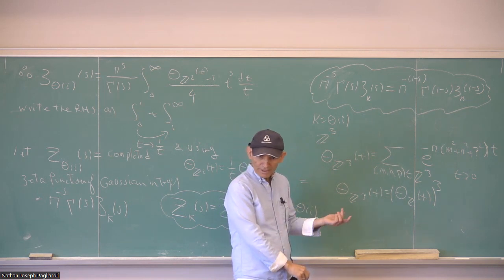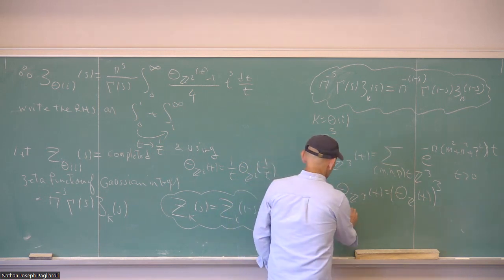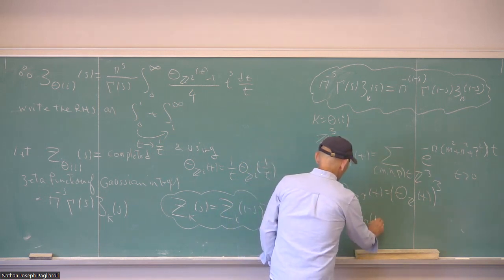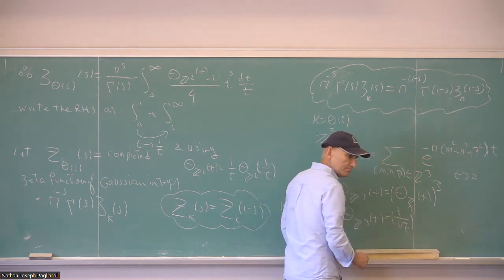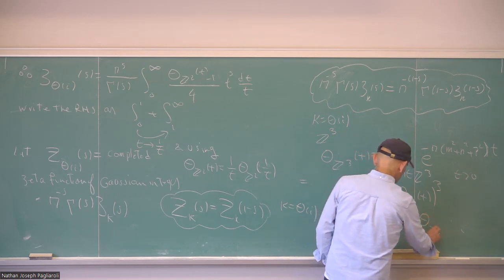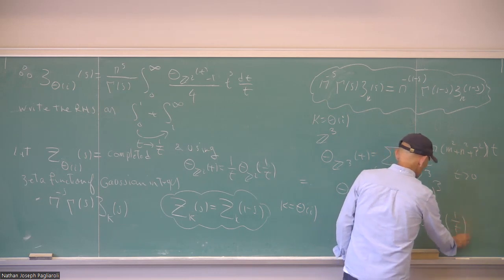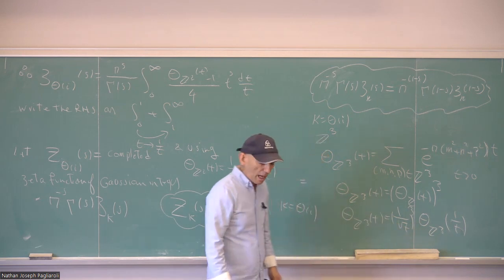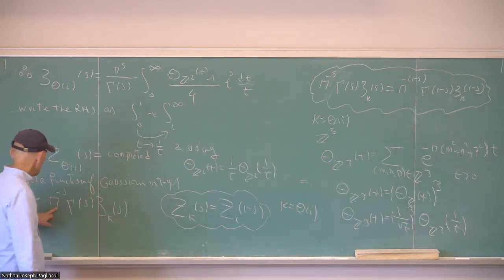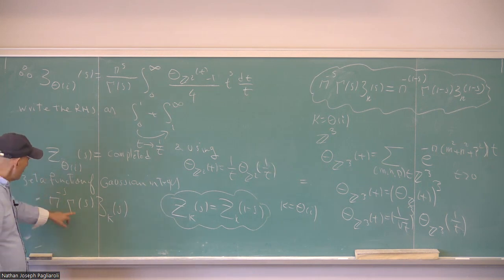So the functional equation in this case has a factor of 1 over root t to the power 3: theta of Z^3 of t equals 1 over root t to the power 3 times theta of Z^3 of 1 over t. And that's the only difference. This will dictate how to correct your completed zeta functions here.